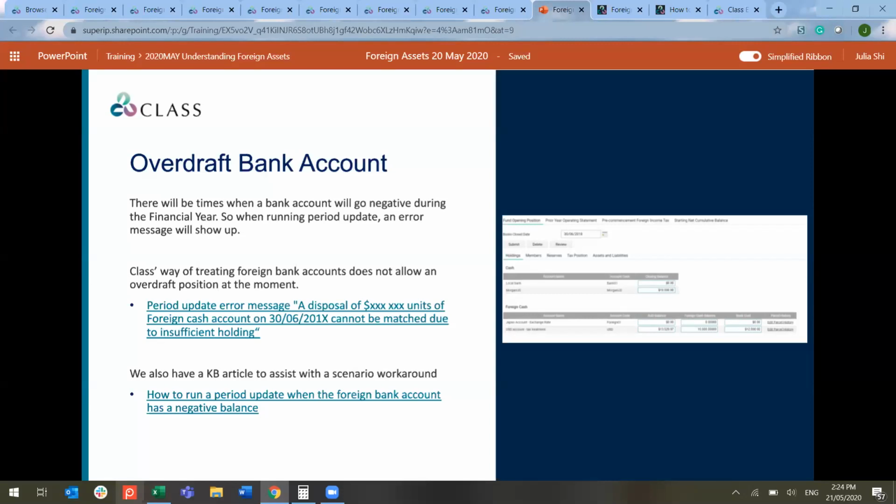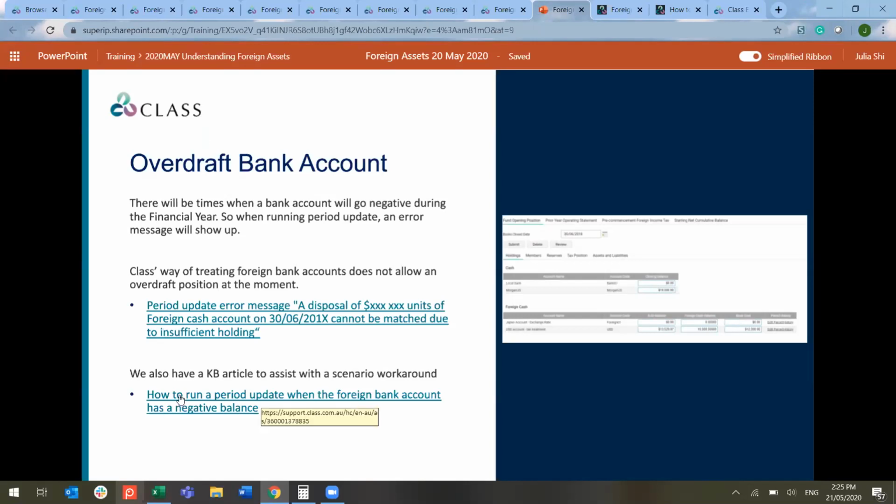The exchange rate normally is the price, and then you've got the Australian dollars as the book cost. The way class does parcel matching restricts you from overselling something you haven't held yet. So if the bank account goes negative, when you run peer update, we can't find the original cash in transaction, the buy transaction. That's the reason why it stops you from running the peer updates.